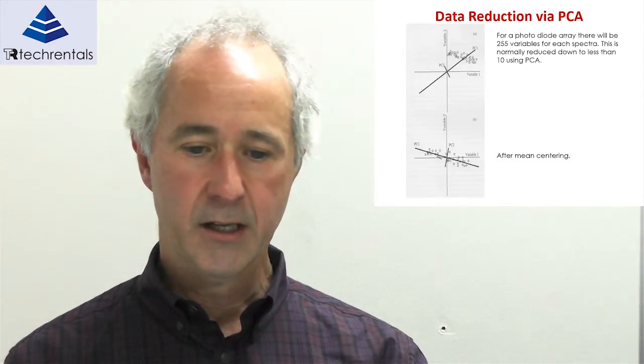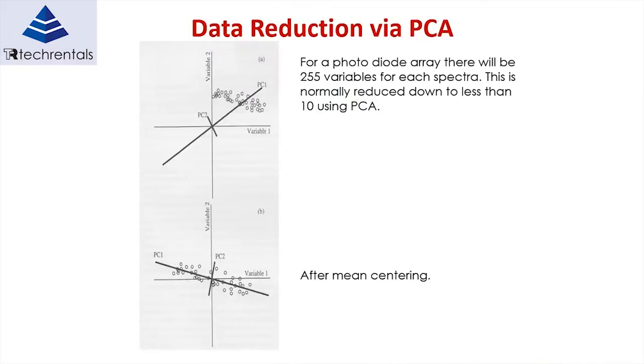We've got two variables, and just by realigning the principal components, you can see that principal component 1 on the bottom graph, after mean centering, is a lot more sensitive to the variation in the sample set. So PC1 is now aligned with the greatest amount of variation in the sample set, and PC2, which has to be orthogonal to PC1, will indicate the next amount of variation in the data set.